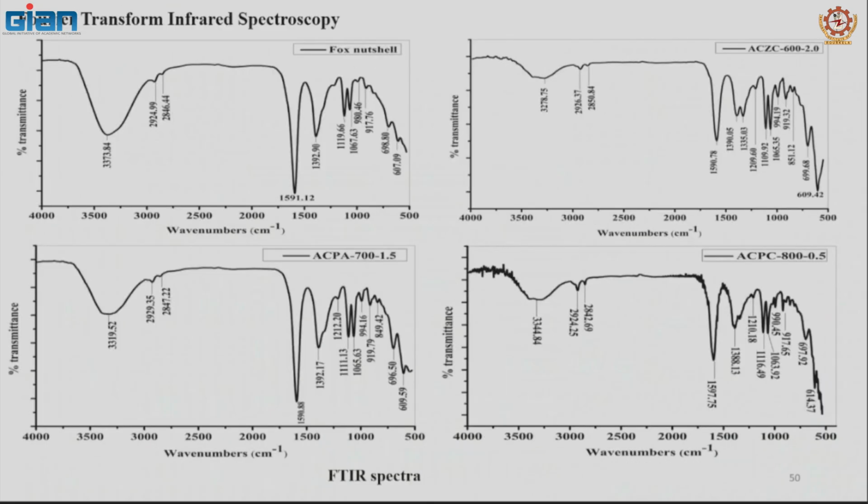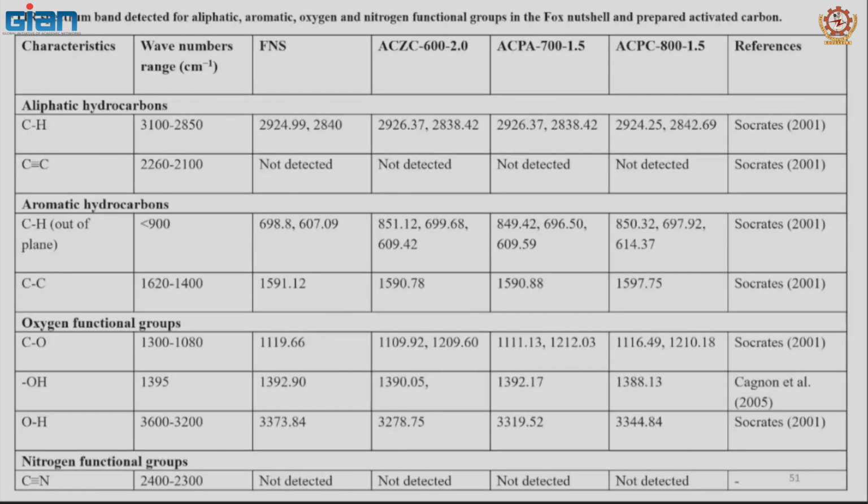So the characterization is done with the FTIR. You see the peaks corresponding to different types of functional groups and the bonds which are summarized here.